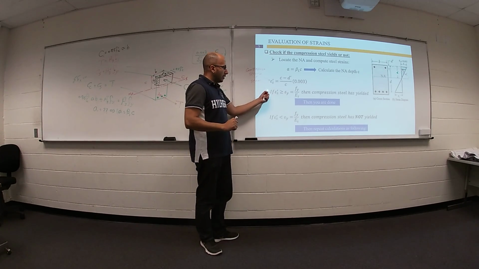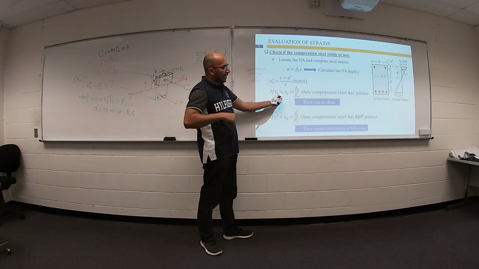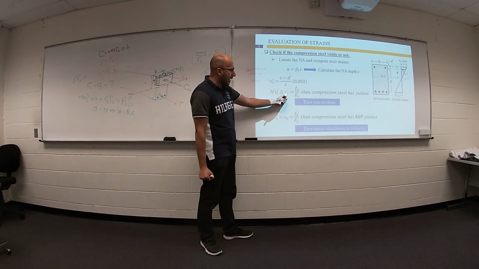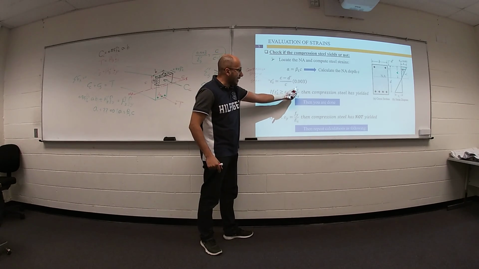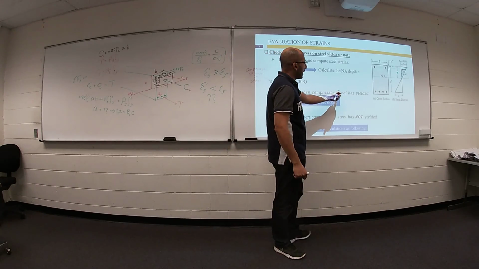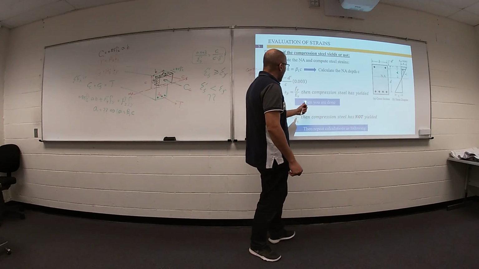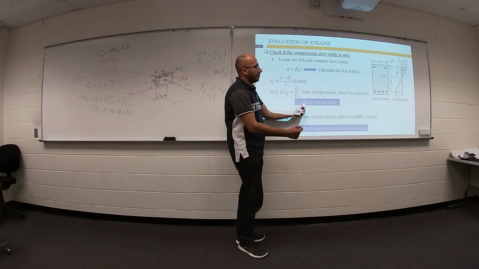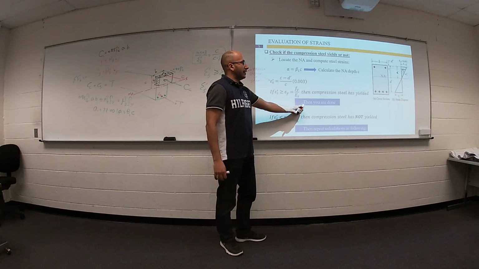If this value is greater than or equal to the yielding strain, and yielding strain equals F yield over ES, then the compression steel reinforcement has yielded and you are done. The previous calculations are correct.